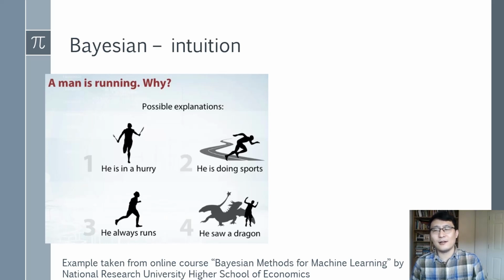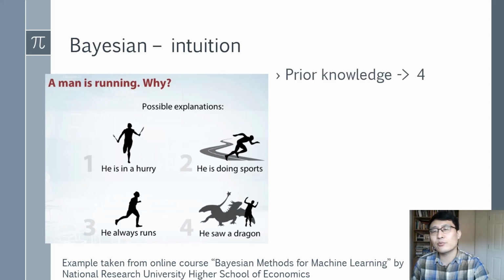Given that the man is running, what are the possible explanations? We can say the man running is the data, our observation. Then we have some prior knowledge. As I said, Bayes' theorem brings data and your prior information together to give you some conclusion from your data.